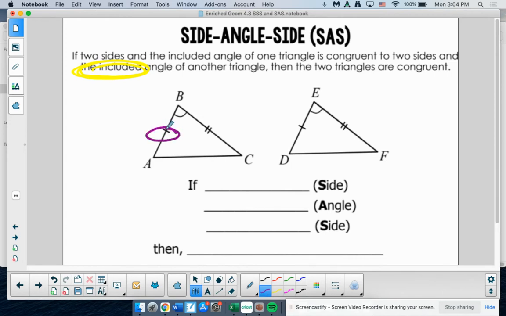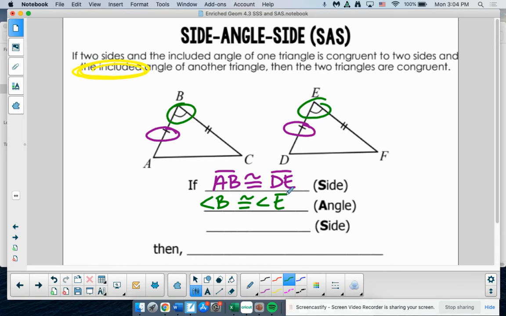So here's a pair of congruent sides, right? AB is congruent to DE. Now we look at our angle. Angle B is congruent to angle E. And then our other side, BC, is congruent to EF, right? Side, angle, side.